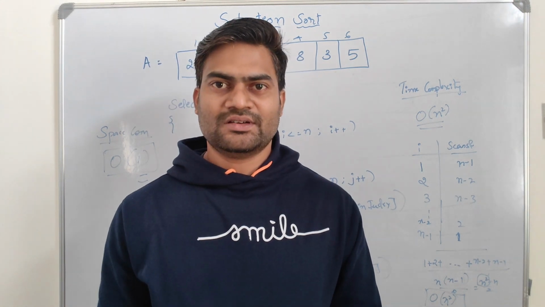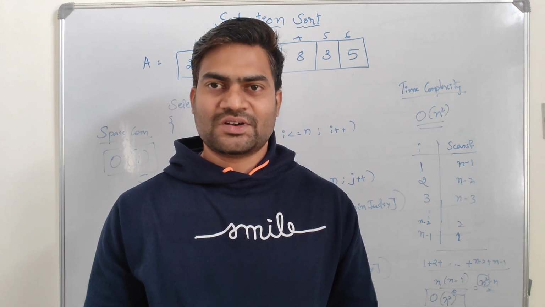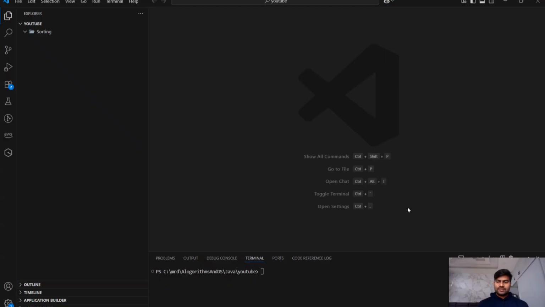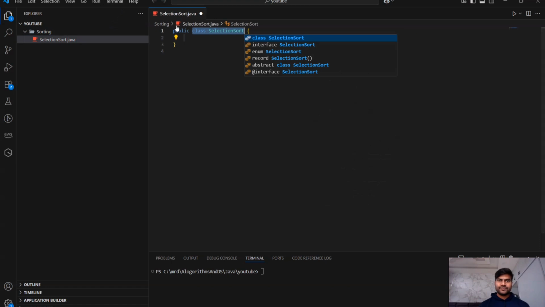Let's look into the selection sort execution. So I'm going to use Java and Visual Studio Code for running the program here. I have created a sorting folder, and then I'm going to create a class SelectionSort.java. So this is the class I want to create.